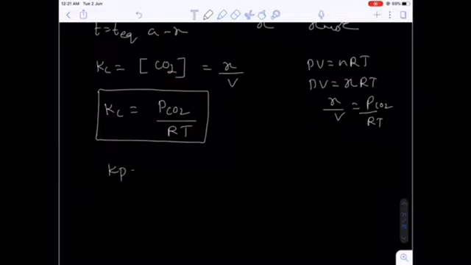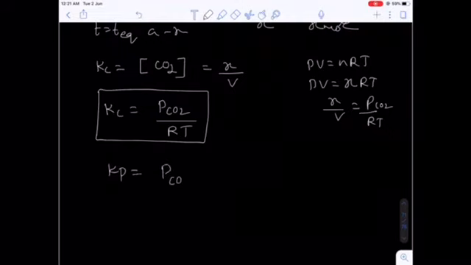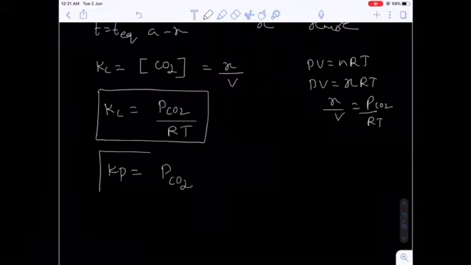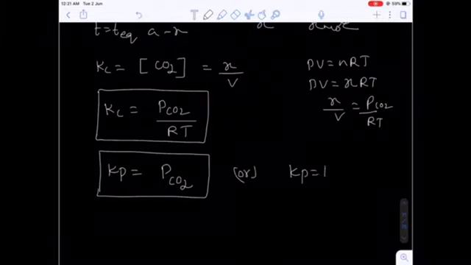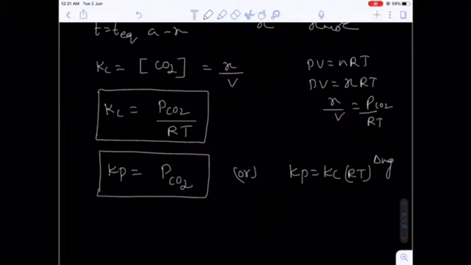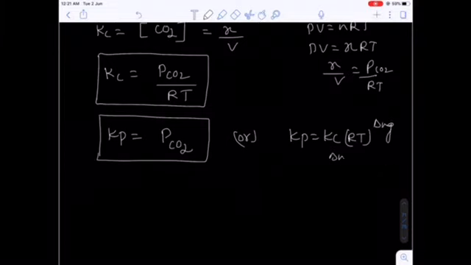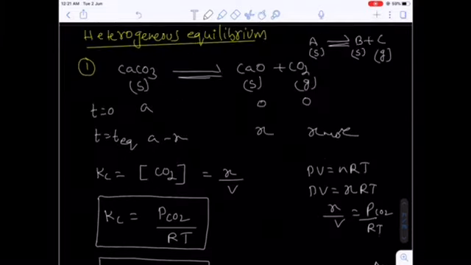Now here, for the Kp expression, directly we are writing pressure of the CO2. Otherwise you can derive it from Kp is equal to Kc into RT whole to the power delta Ng.